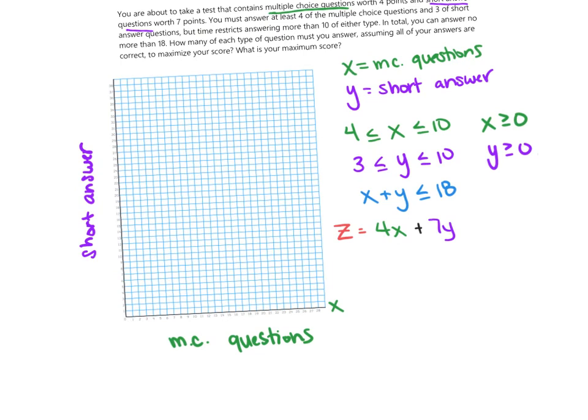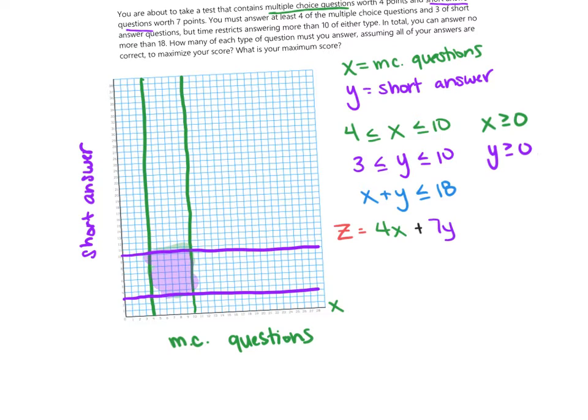This is the x line, so x is just a vertical line at 4, and we're in between 4 and 10. And then y is in between 3 and 10. So our shading is going to take place inside of this box here. That's where the overlap is taking place.